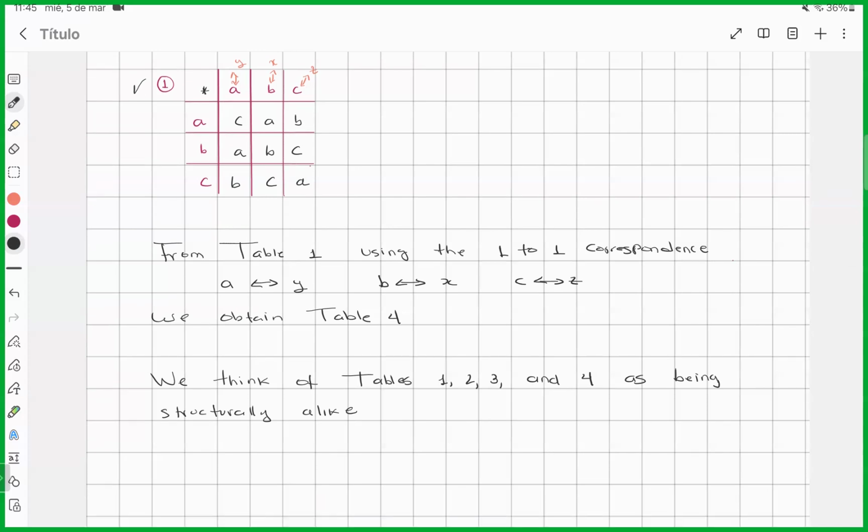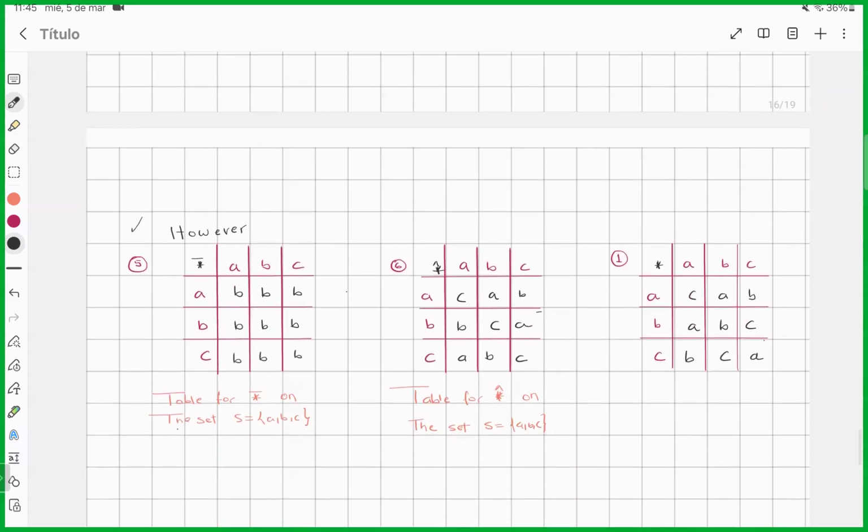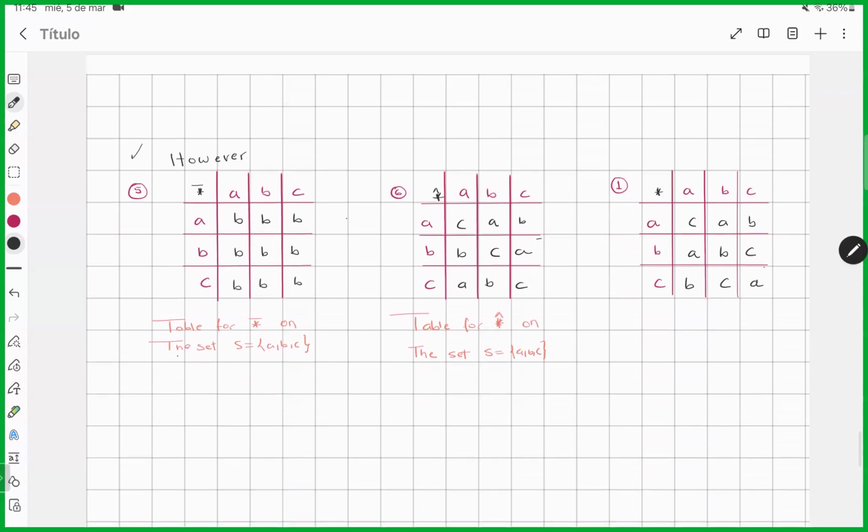Now, however, if we consider table 5, table 6, and again our table 1, we can observe that these tables are for these three binary operations on the same set, whose elements are A, B, C. But these three tables are different from each other.